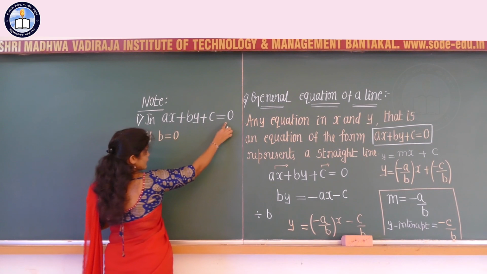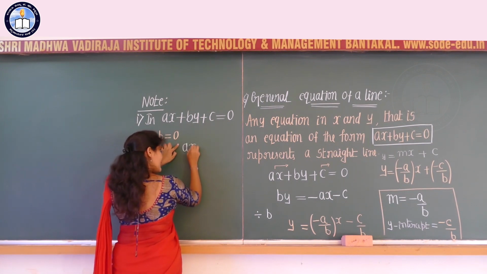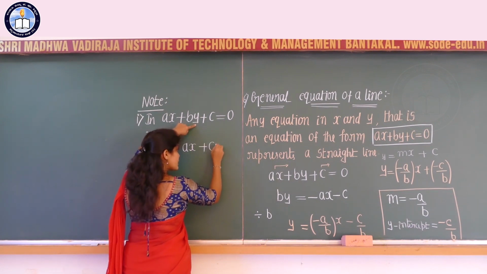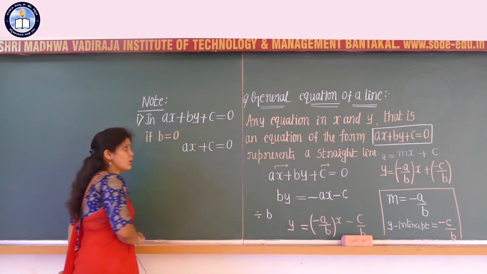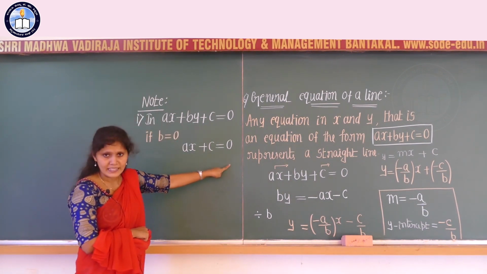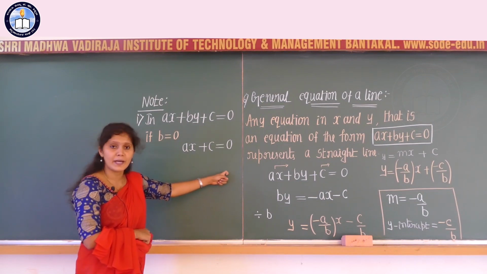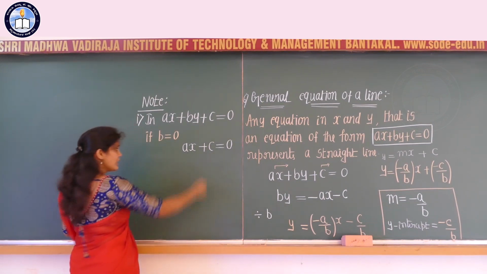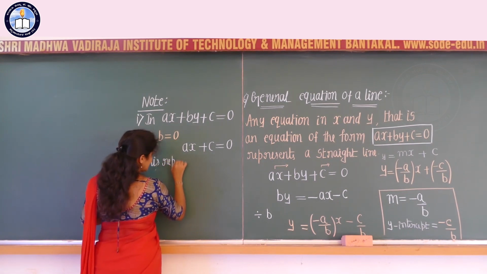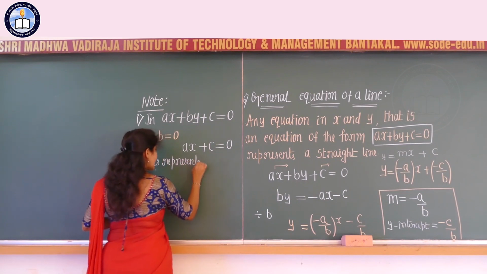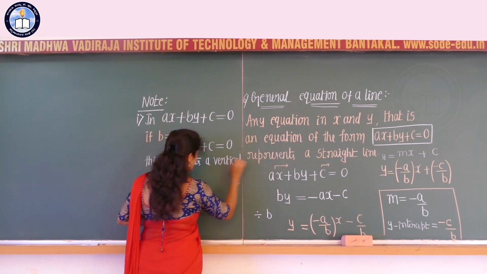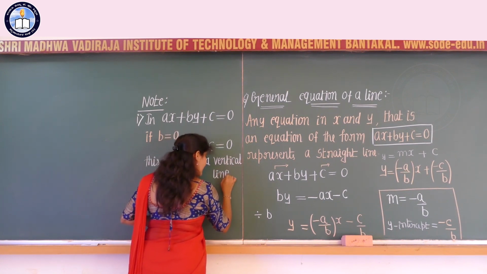If b is equal to 0, then this equation reduces to a into x plus 0 into y, that is 0, plus c equal to 0, correct? ax plus c equal to 0, or ax is equal to minus c, or x can be written as minus c divided by a. This represents a vertical line.